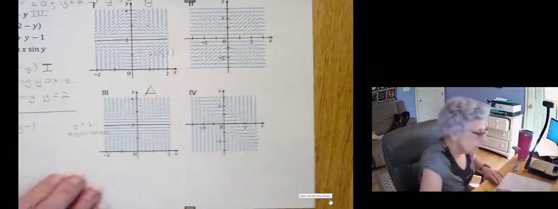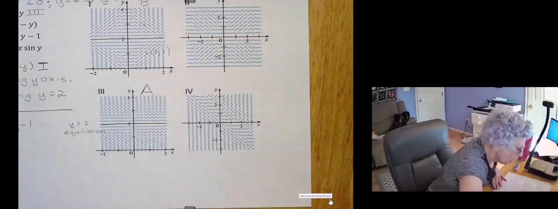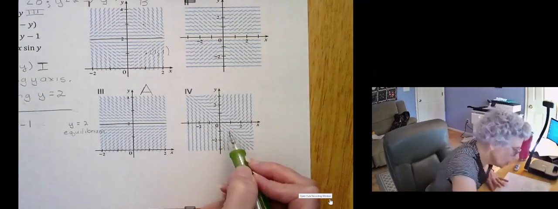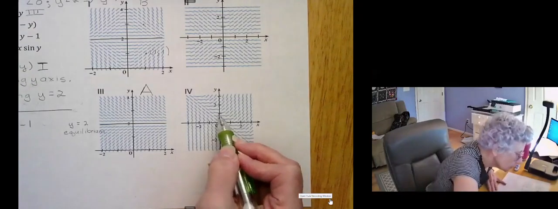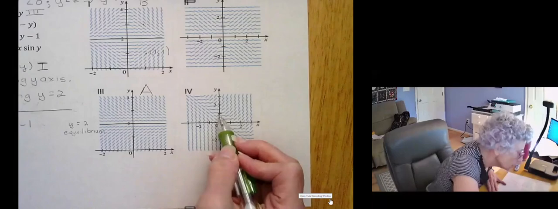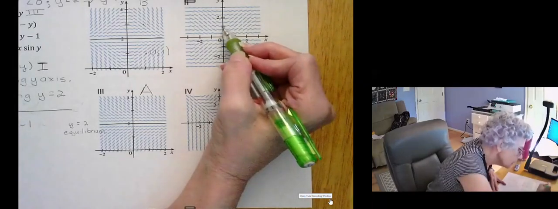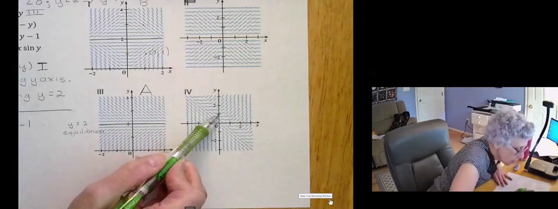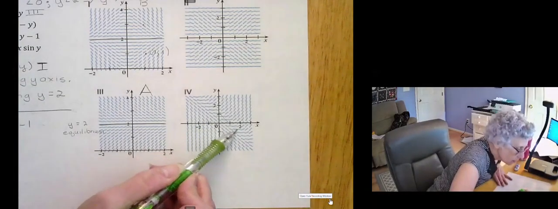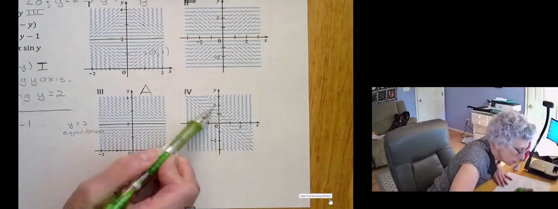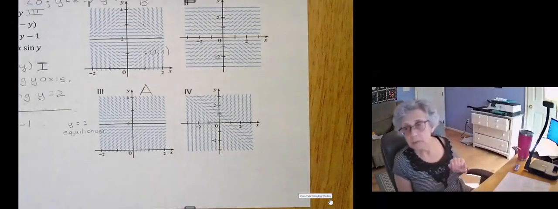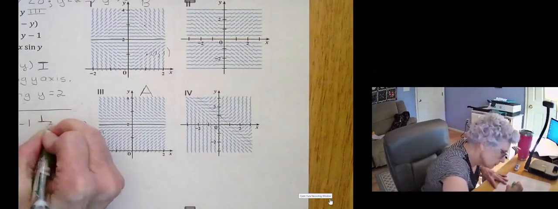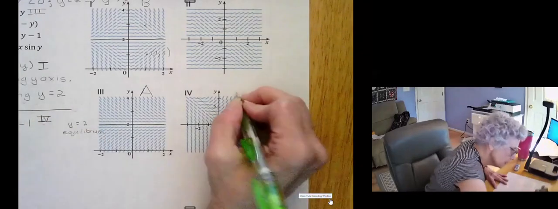So I expect a flat line on the y-axis at 1, and this is 1. And I expect flat lines all along that line. Oh, look at that. It fits perfectly. So C is this one.